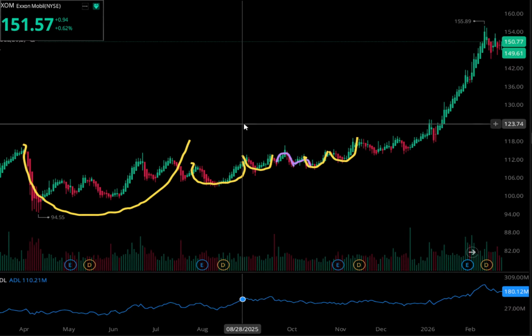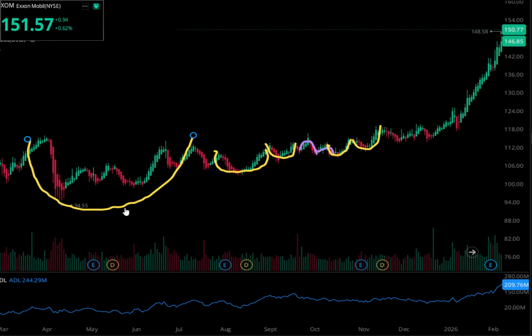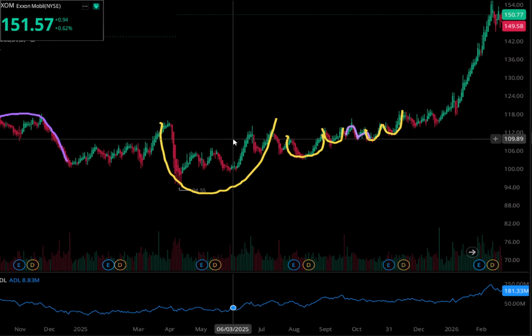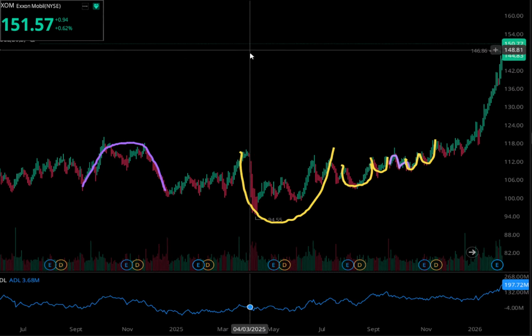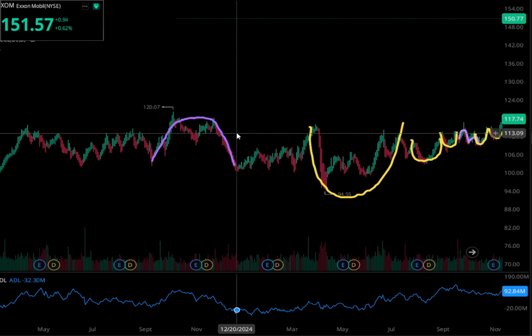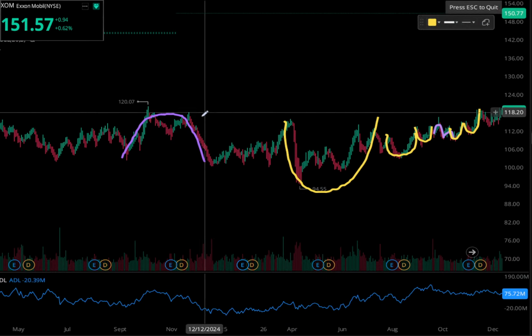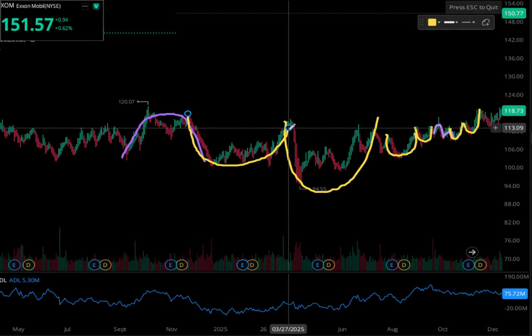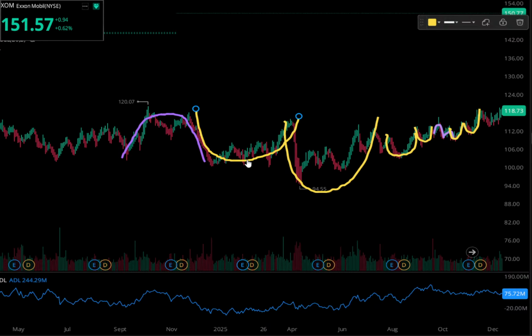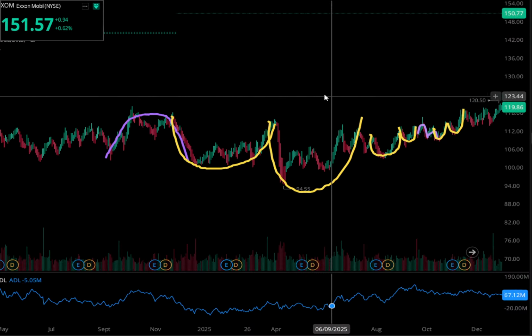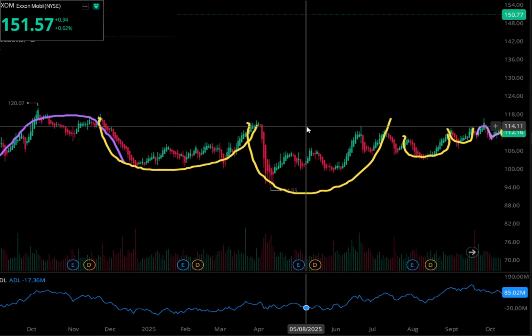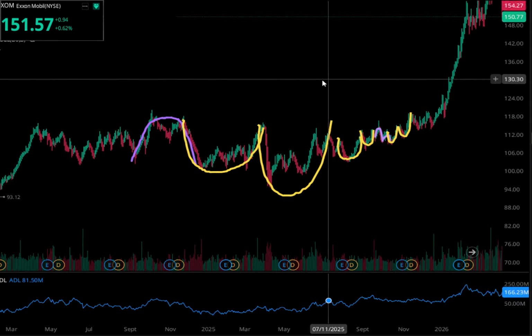I don't want you to really focus on that too much. What I want you to just do is simply pick a chart. So right now we're on Exxon. If you want to go over something specific, let me know in chat. But just pick a symbol, and I want you to start identifying the cups or the inverse cups that are on that symbol.